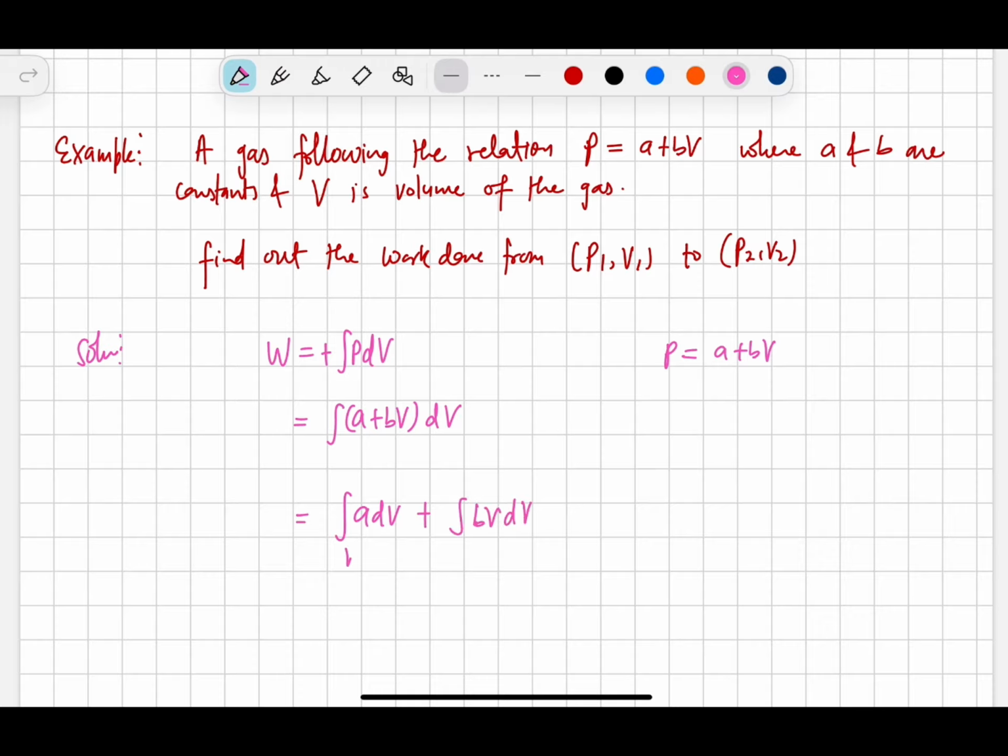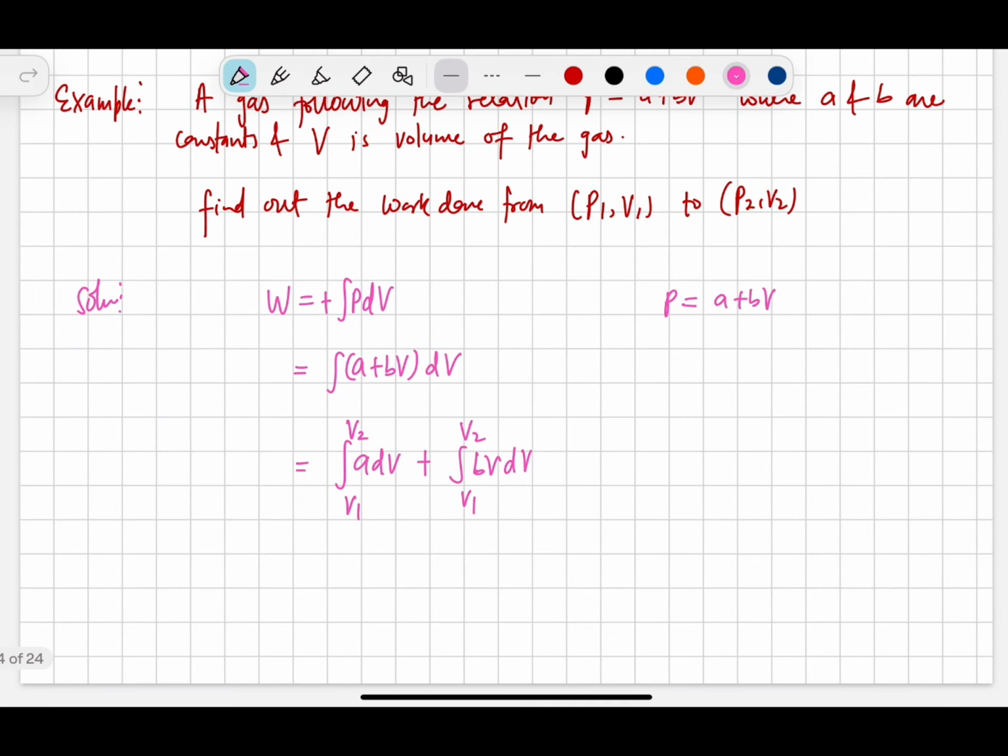Simply, the initial value of V is V1, final value of V is V2. So simply the integration will be A times V from V1 to V2 plus B V square by 2 from V1 to V2, and this answer is now A times V2 minus V1 plus B by 2 times V2 square minus V1 square.